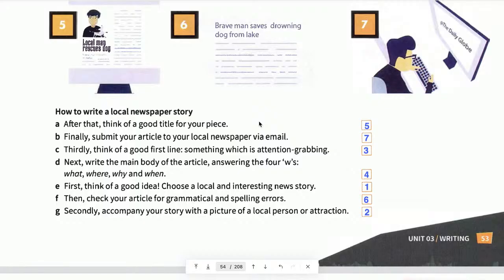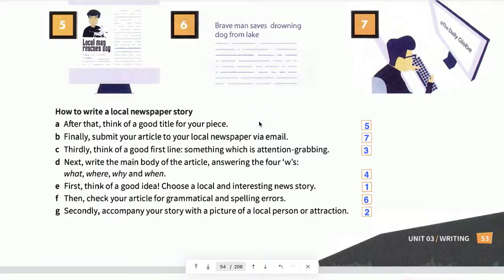Okay? Now can someone explain to me? G. Secondly, accompany your story with a picture. Accompany your story, what is that? What does that mean? Accompany your story with a picture. That means like go together.